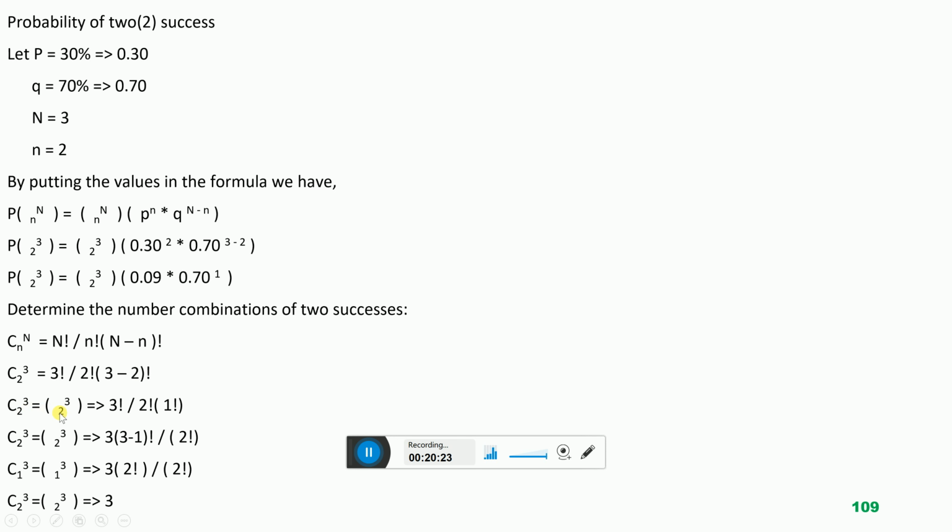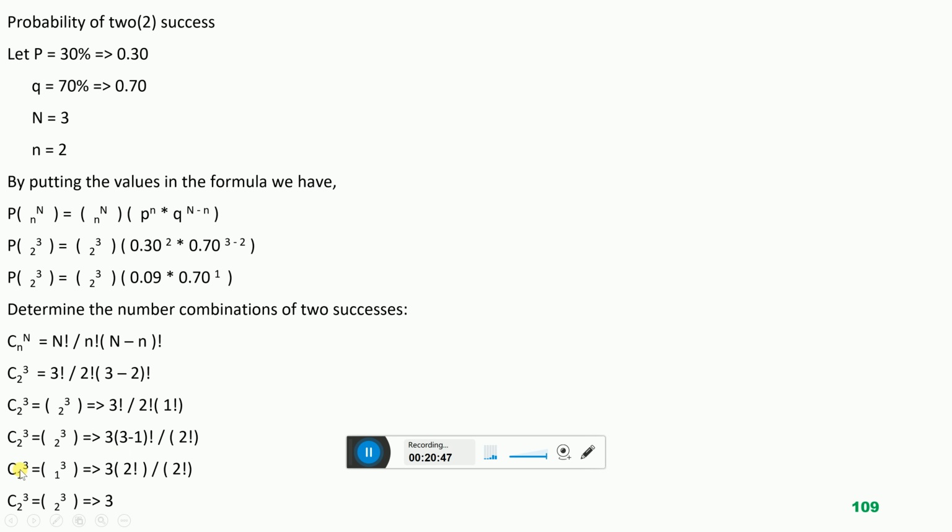I am expanding 3 factorial as 3 multiplied by 2 factorial, divided by 2 factorial, and 1 factorial is equal to 1, so 2 factorial multiplied by 1 is equal to 2 factorial.